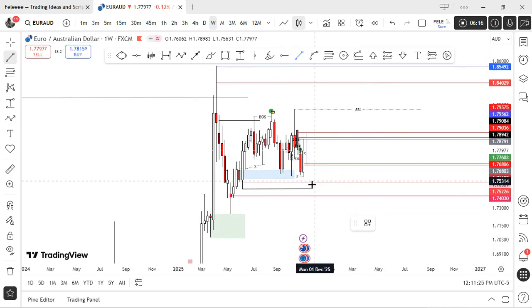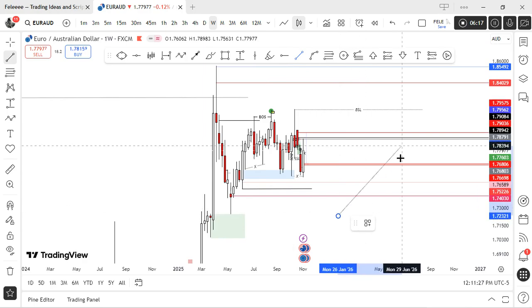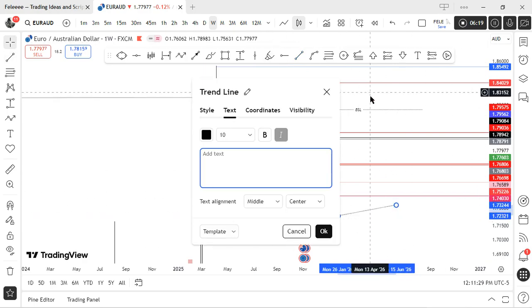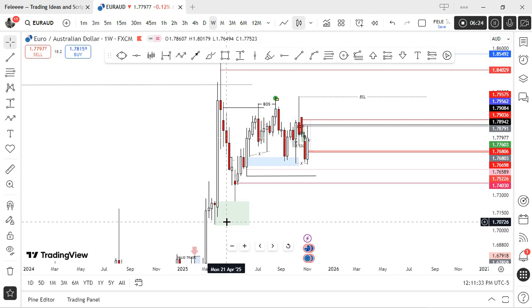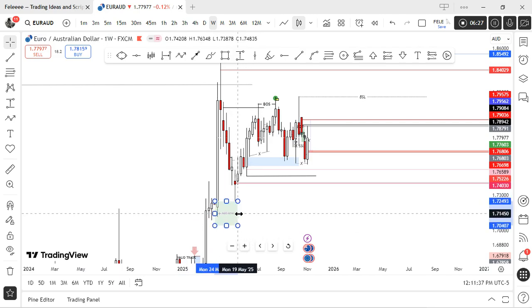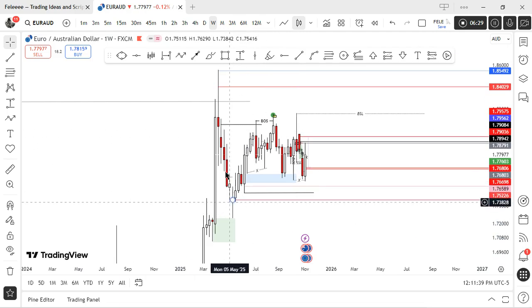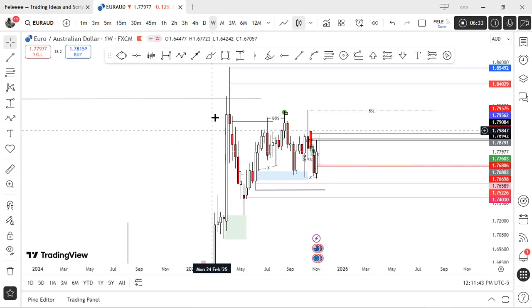As we can see on the weekly, it is still bullish because lastly we tested this valid demand zone and we kept on creating more highs and lows, and price didn't manage to break anything on the left side.